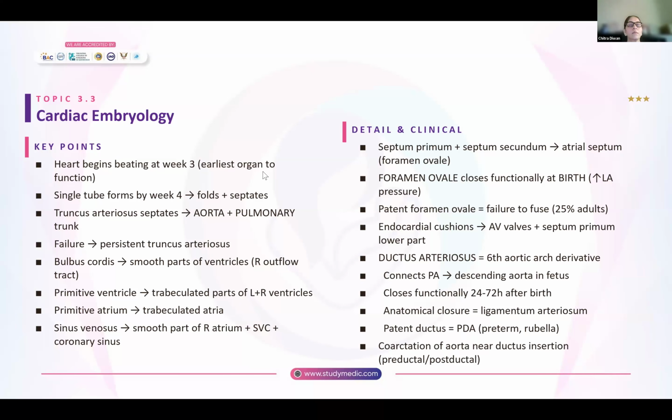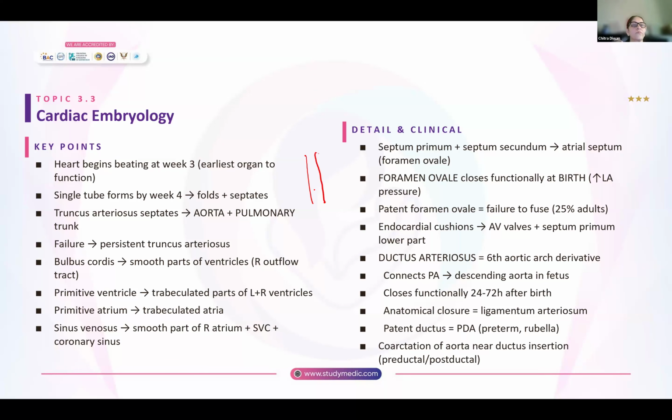The first time you can see the cardiac activity is at week 3. When the heart starts forming, basically you don't have the 4-chambered heart. It starts developing as a tube. It is a single tube, and then this tube develops and it undergoes rotation and all those things, and then you get formation of the 4 heart chambers. So this single tube forms by week 4.